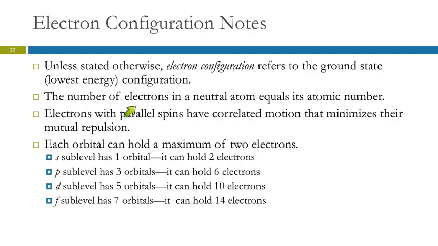The number of electrons in a neutral atom always equals the atomic number. So if we're drawing an electron diagram, like for magnesium, magnesium has the atomic number 12. That means it has 12 protons. A neutral atom will have 12 electrons.